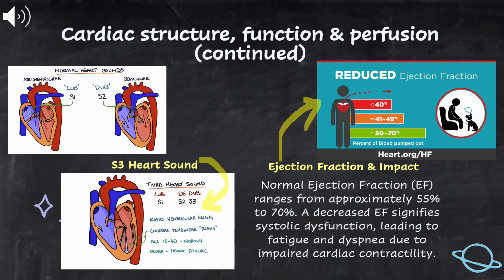This decrease in forward flow leads to reduced cardiac output, which contributes to fatigue, dyspnea, and exercise intolerance. Together, the presence of an S3 and a decreased ejection fraction provide important clues about ventricular dysfunction and help guide further evaluation and management. These findings reinforce how changes in structure and function directly affect tissue perfusion.